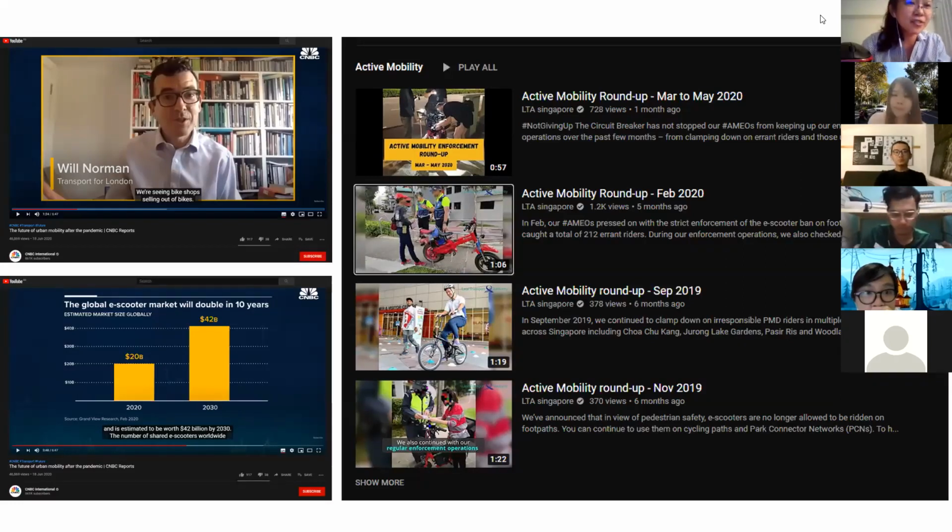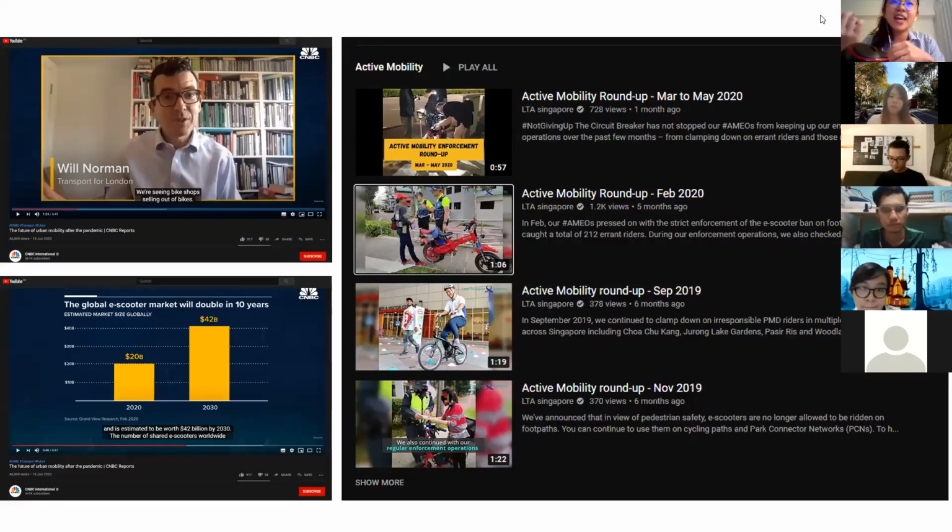As you can see from the bottom left graphics, they are saying that the global e-scooter market is going to double in 10 years, from 2020 to 2023. But at the same time, if we are to draw a comparison with what's happening in our region, like Asia Pacific or Singapore specifically.